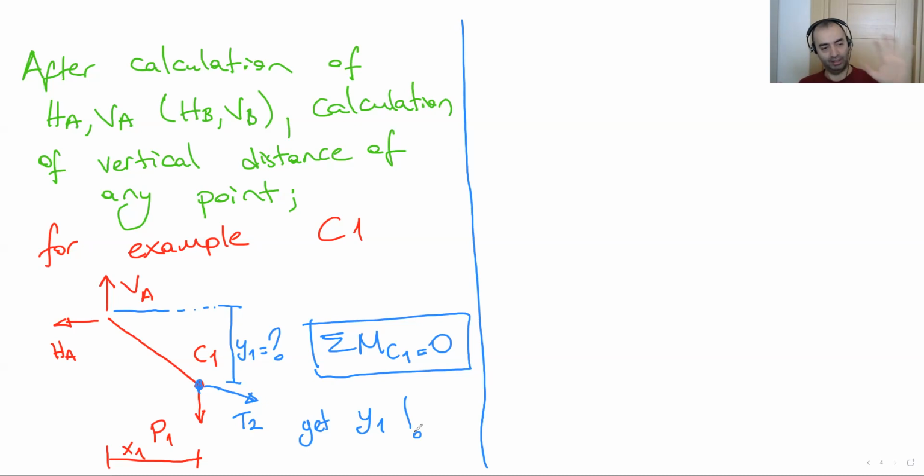Now we're using that support reaction for C1, for example. What is the vertical distance from any support of C1? Yes, that means what is Y1 in this question? We know the HA and VA, and we cut the system from the point C1, write the equation total MC1 equals 0.